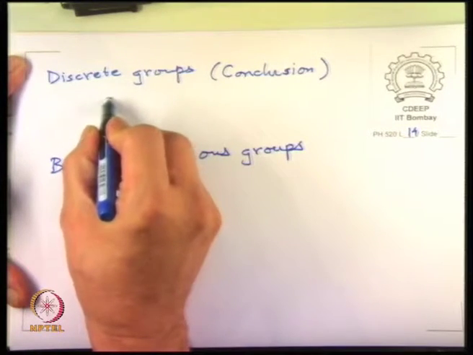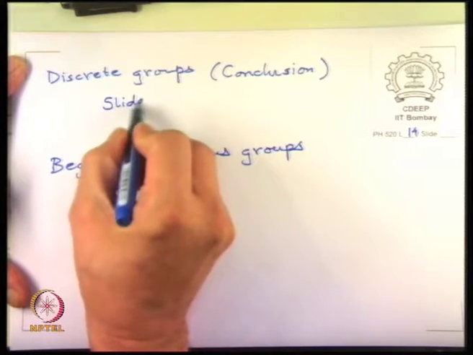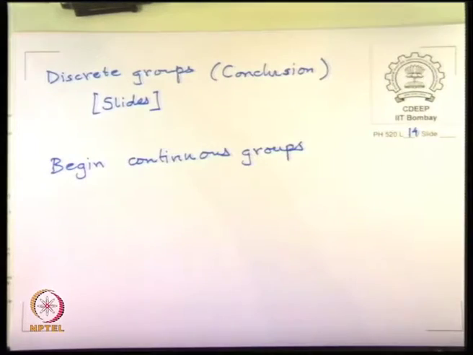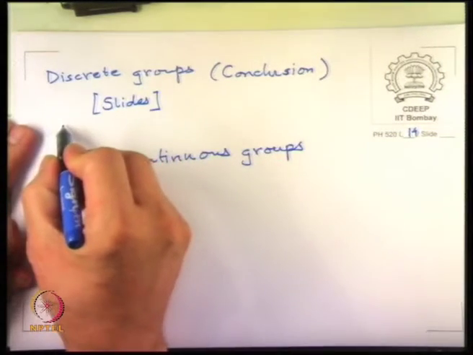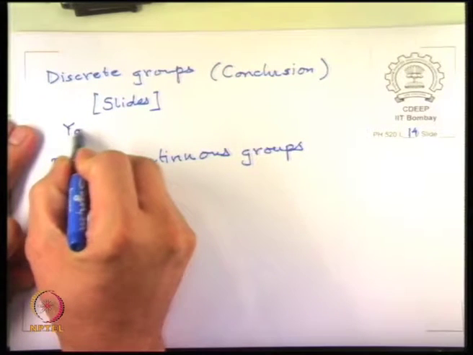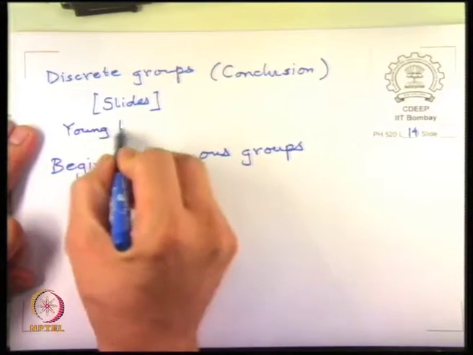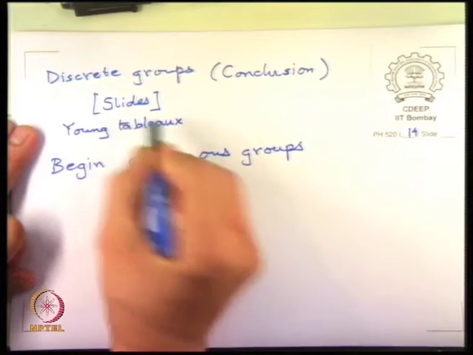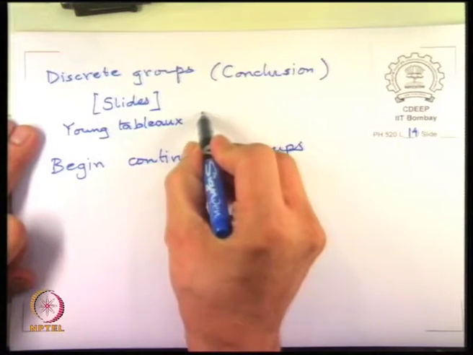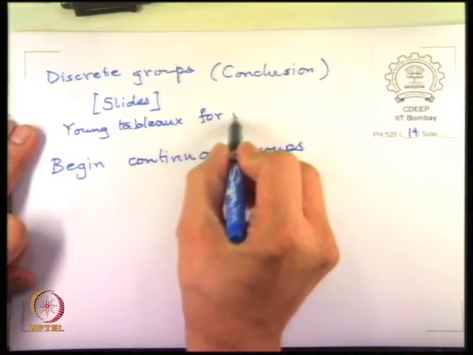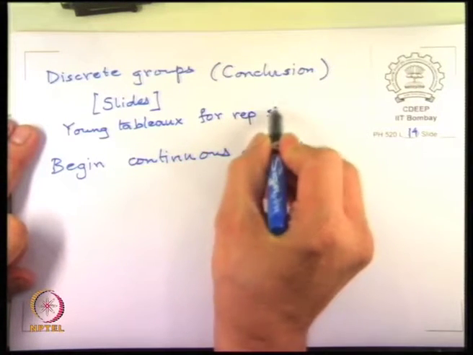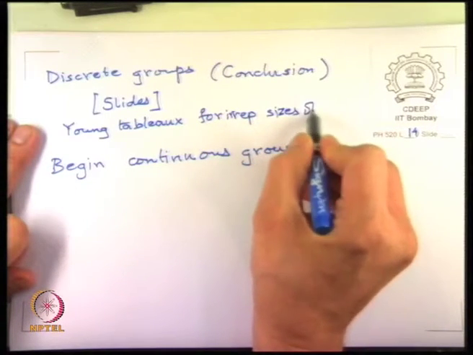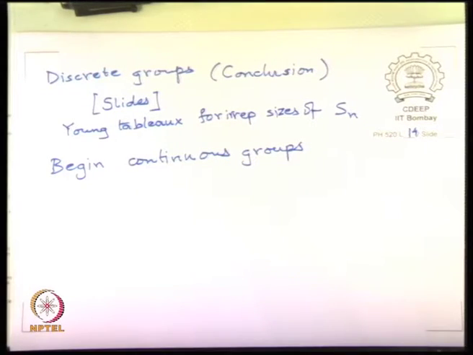So, I have some slides for this, which basically discuss Young tableaus for irrep sizes, of course, of Sn, the symmetric groups.